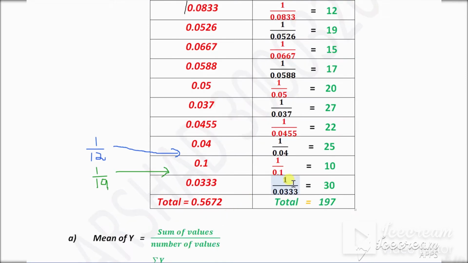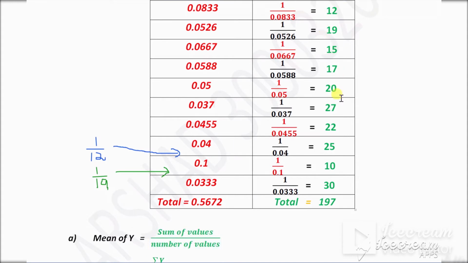Now we need the mean of the green values and the mean of the red values. How to get the mean? The idea of the mean is always the same: sum of values divided by number of values.